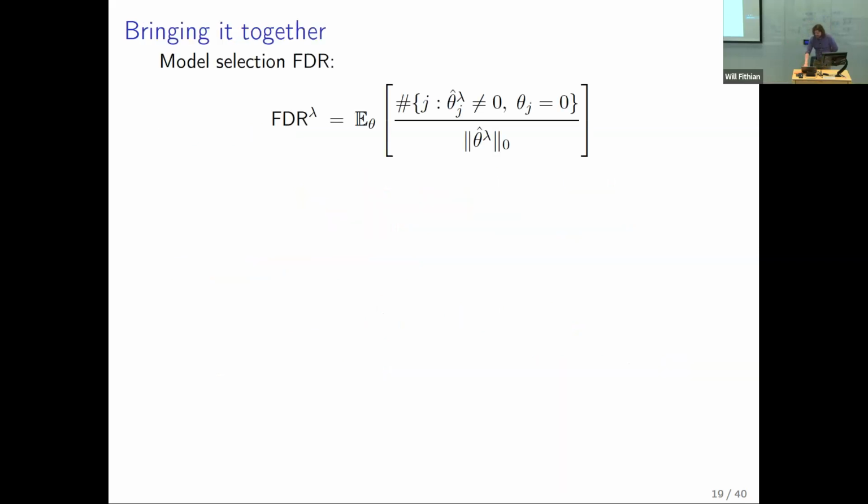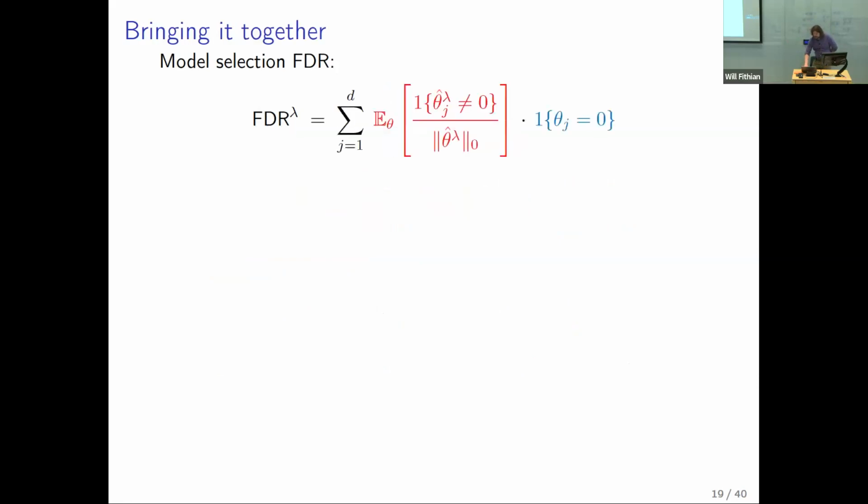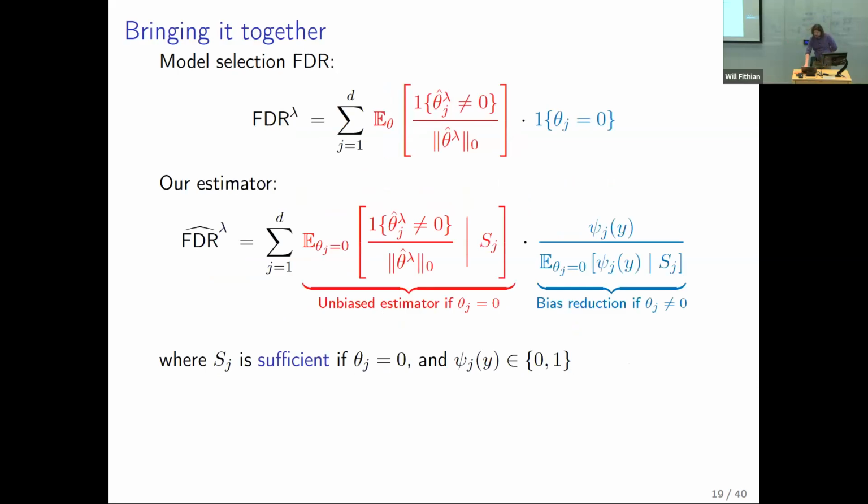Okay, so bringing it together. This is our FDR, and we turn it into this. We decompose it here, and then our estimator: we take this quantity, which is an unbiased estimator itself, and then we take this quantity, which is a bias reduction.